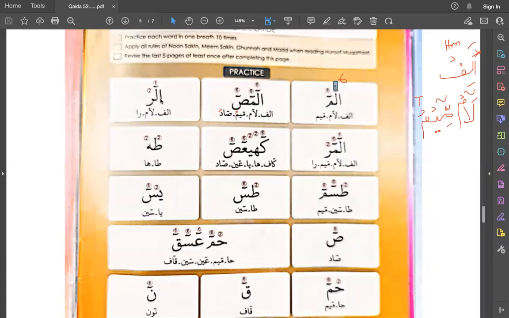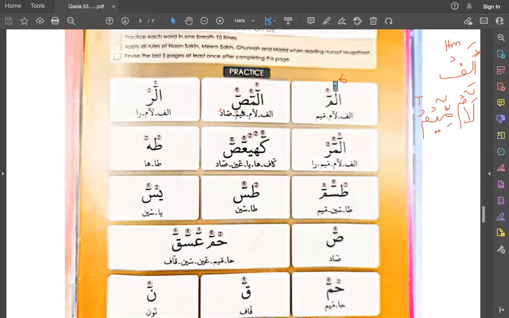So how will we pronounce this? Alif will stay alif, lam will be 6 counts long, then ra will be 2 counts. Why? Whenever you find 3 letters in any letter, then you will make it 6 counts long.